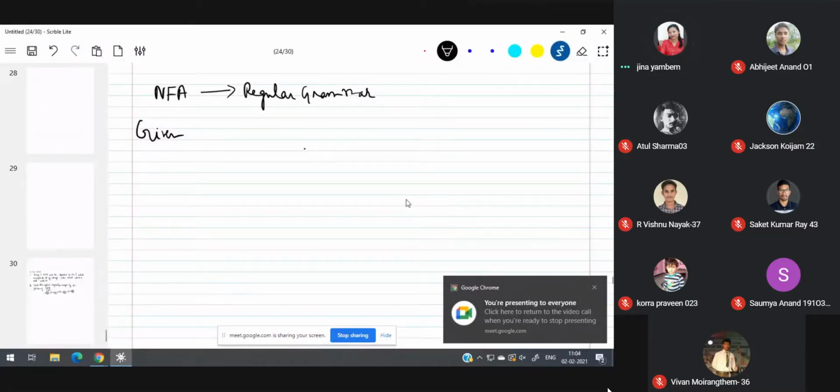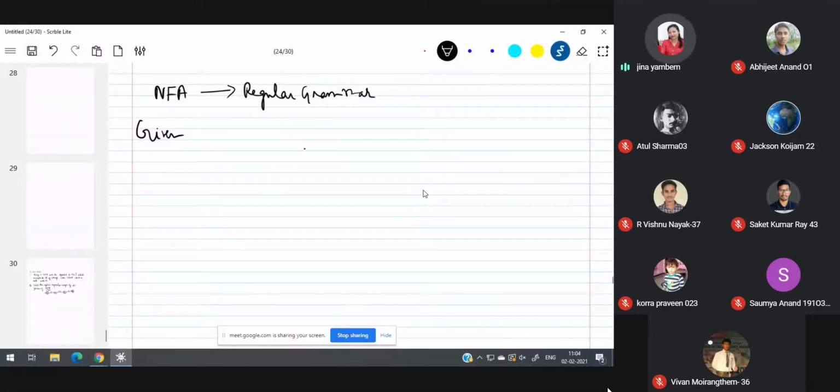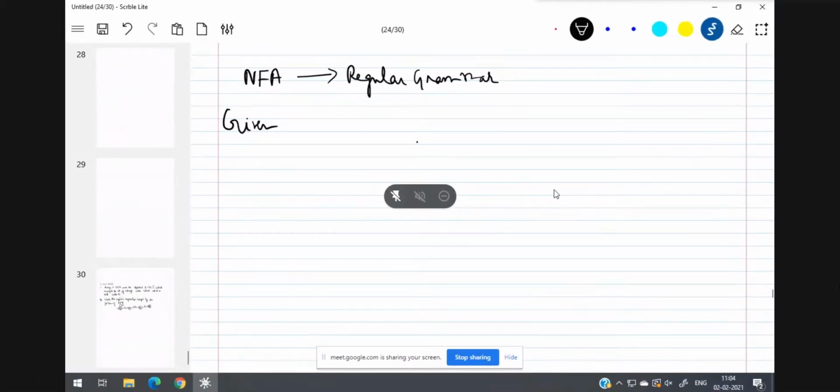Okay. For today's class, we are going to construct a regular grammar from a given NFA. If I didn't mention NFA with epsilon or without epsilon, then it means it's without epsilon. For NFA with epsilon, we have to mention it specifically.